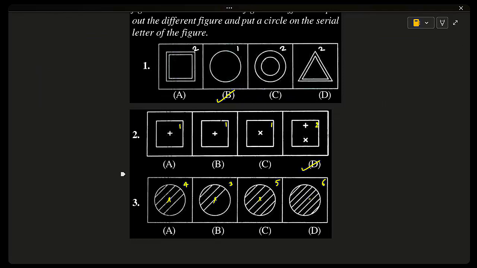Yes, every circle is having a diameter. And the number of lines is 4, 3, 5, and is it 6? No, sorry, this is 7. So except option A, all the other options are having odd number of lines. So odd one out will be option A. Next 2 questions.